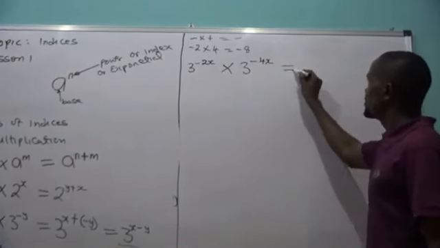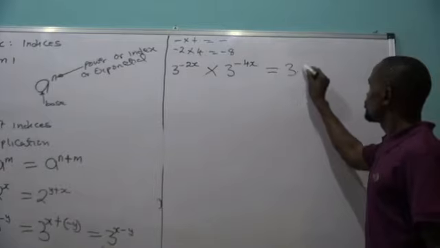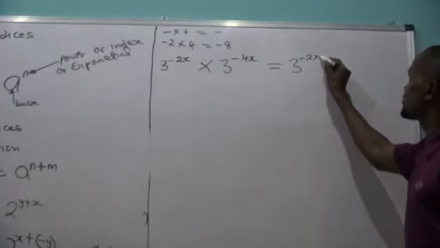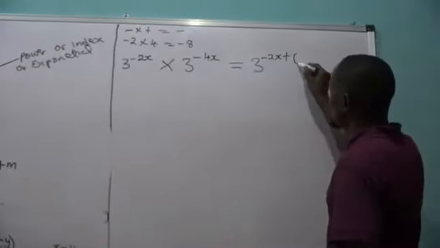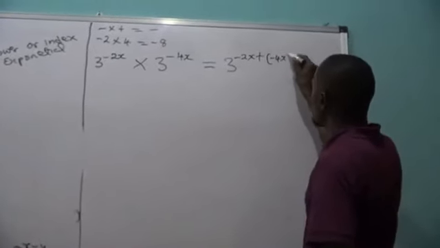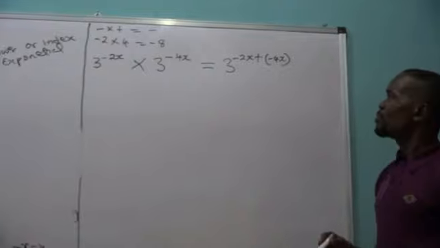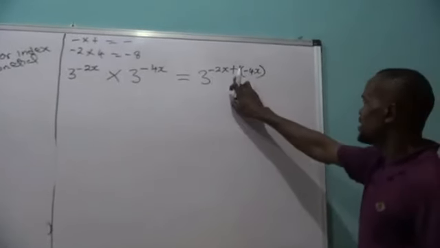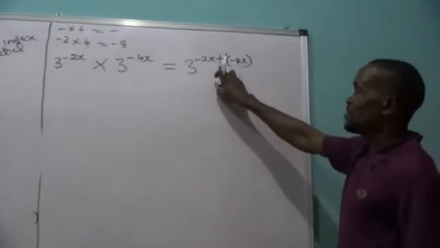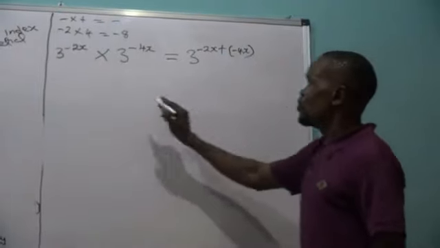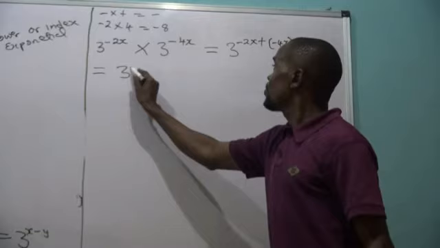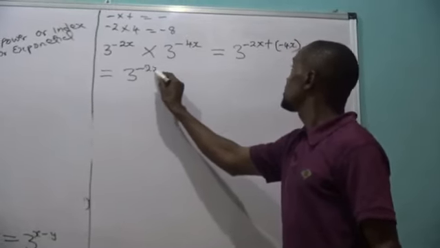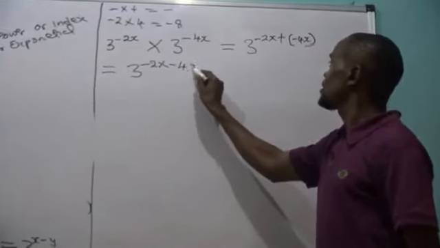The answer will be 3 raised to power minus 2x plus, which is a constant in our formula, and that will give me minus 4x in brackets. Then what happened? I see that this one is plus times minus. What is it going to give me? Well, 3 raised to the power minus 2x minus 4x.